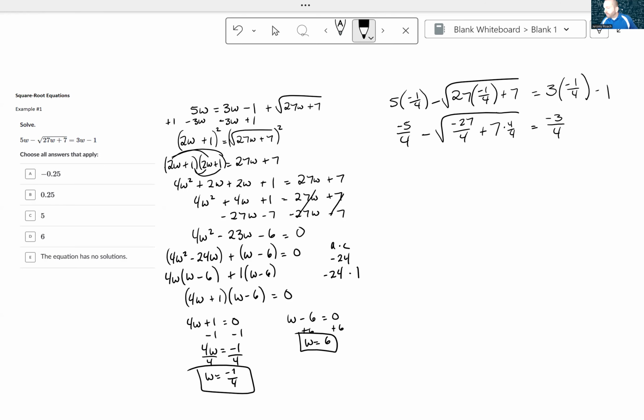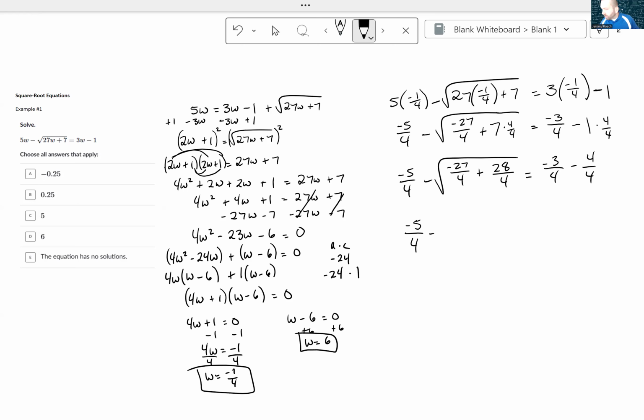That's minus 1. And we're also going to times that by 4 over 4 so we can combine these. So now let's rewrite this. We have negative 5 over 4 minus the square root of negative 27 over 4 plus 28 over 4 equals negative 3 over 4 minus 4 over 4.